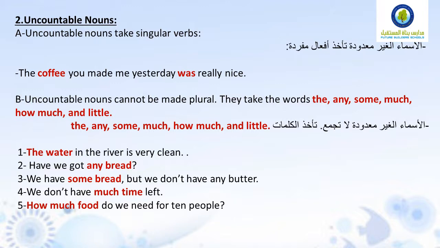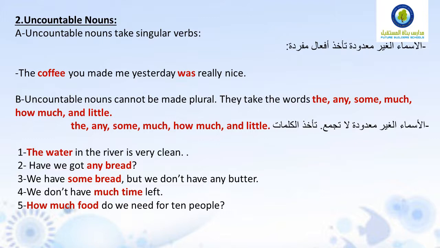B. Uncountable nouns can't be made plural, as I said before. So they take the words the, any, some, much, how much, and little. Focus here. To identify the uncountable, you can say the, any and some. Now you could say also much, how much, and little.